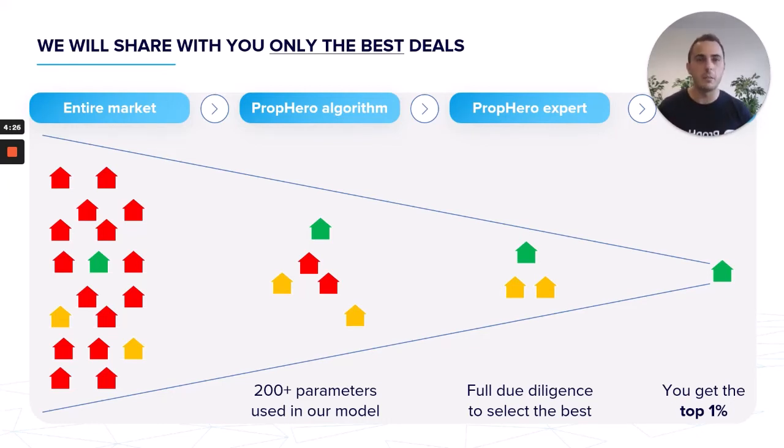We actually have a team of, as of today, about 14 property experts and data experts who look at these properties and run all the analysis that the data cannot see, right? So there is a real human component to check every single property with local property knowledge in order to make sure that in the end, we only give you the top 1% deals.